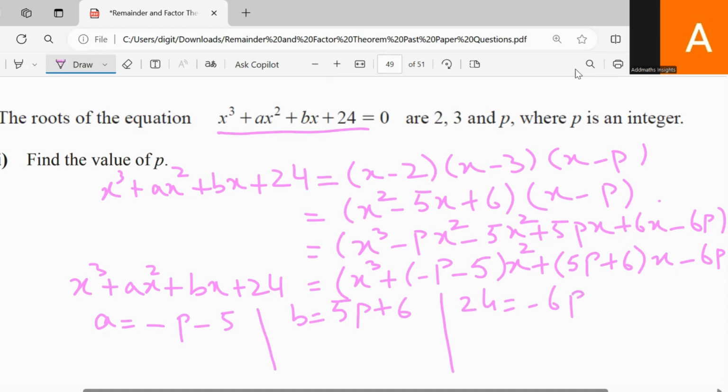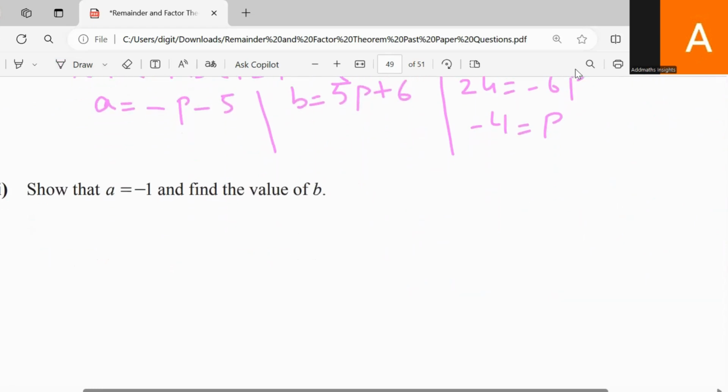So using this third equation, you can find the value of p, and p is minus 4. So that a is minus 1, find the value of b.